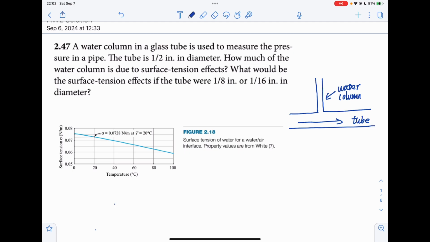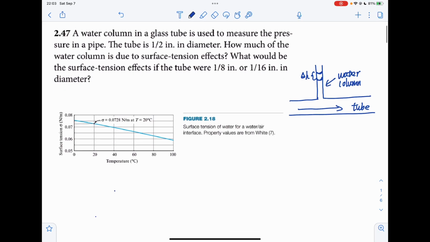Our water in the column will rise to a certain height, and because of the surface tension, it will rise a little bit more here. That's our delta H. The reason we need to consider this effect is because when we try to figure out the pressure in the tube, this water column change will influence our readings. So we need to remove it from the actual reading.